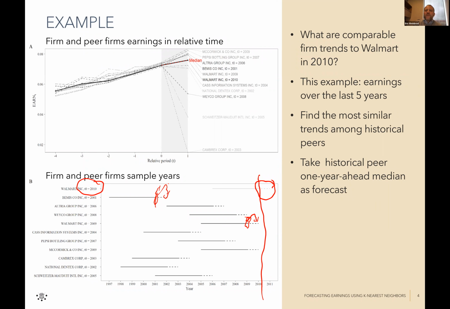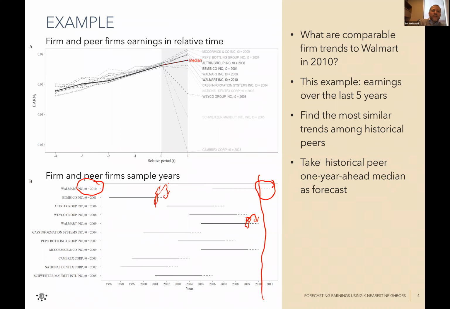A lot of us on the team come from an FSA background and have taught that before. And usually when we're talking about valuation multiples or comparable companies, you're thinking about the same point in time. But it's important to note in our setting that all the neighbors we're matching to come from the past, so that we can use their future earnings to predict the subject firm.